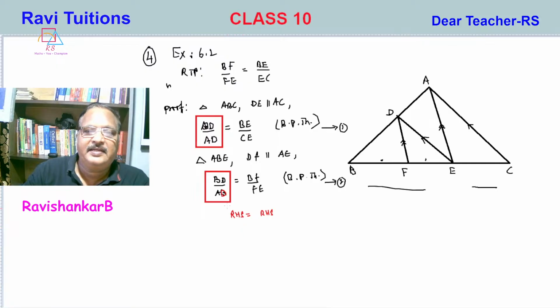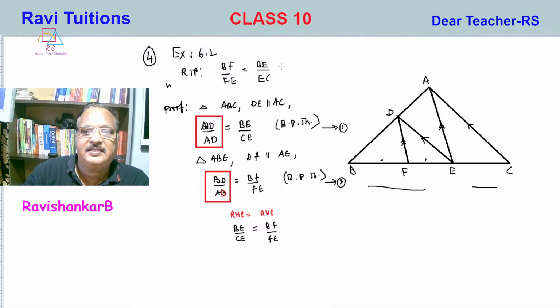What is the right hand side of 1? BE by CE is equal to, what is the right hand side of 2? BF by FE.